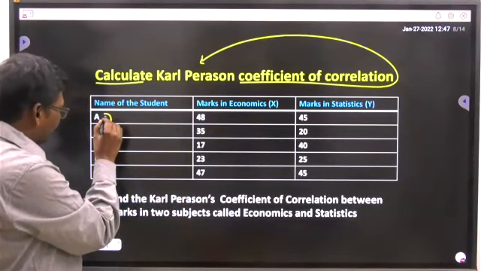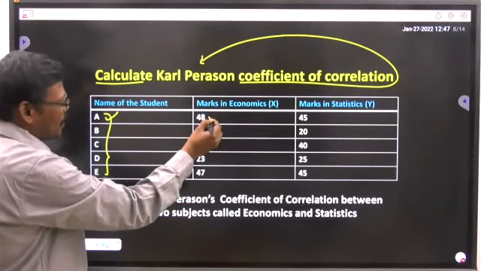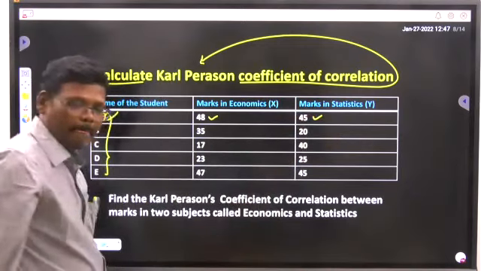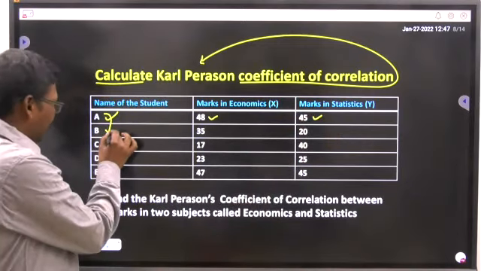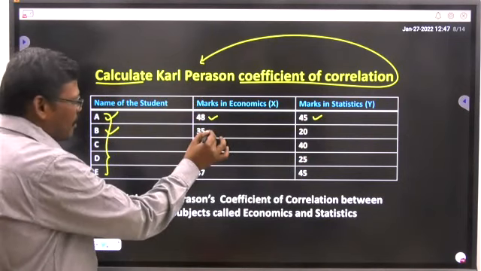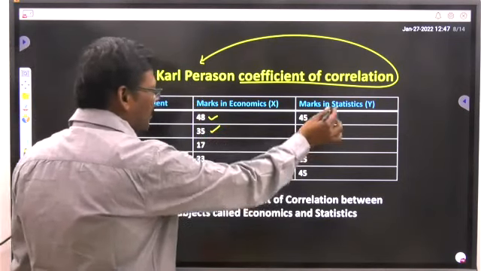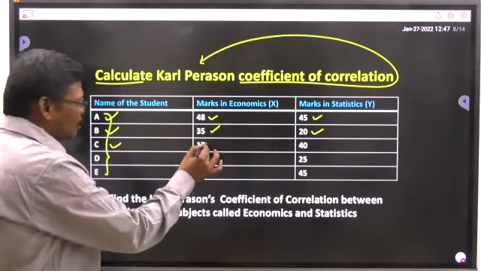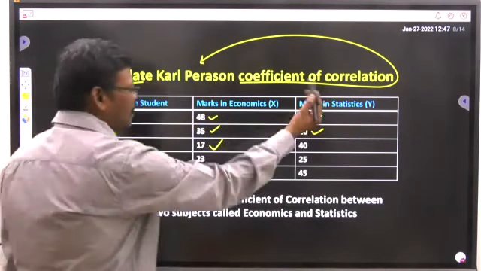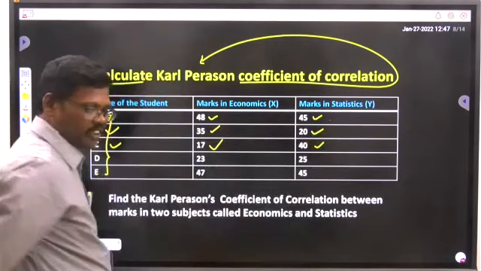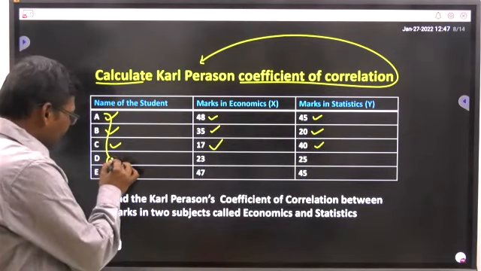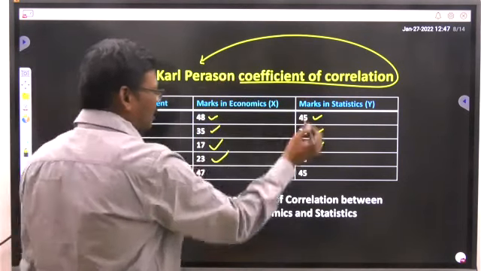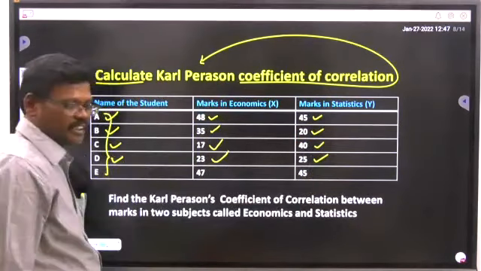For A, economics marks are 48 and statistics marks are 45. B got 35 marks in economics and 20 marks in statistics. C got 17 marks in economics and 40 marks in statistics. Candidate D got 23 marks in economics and 25 marks in statistics.